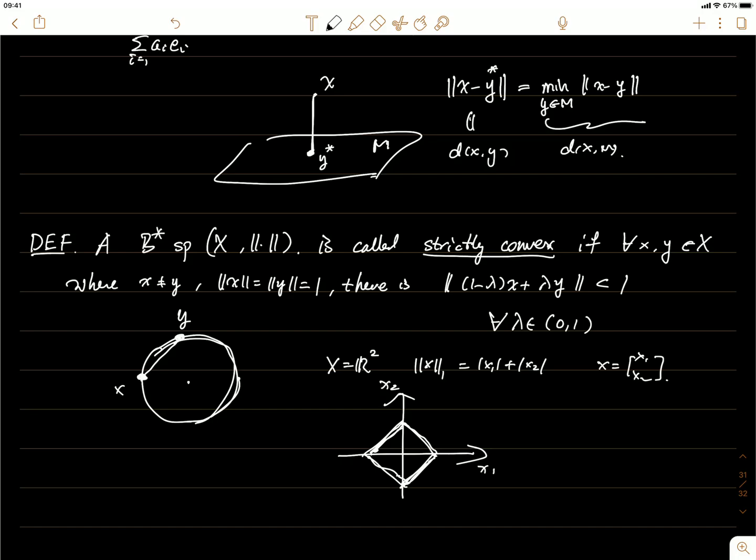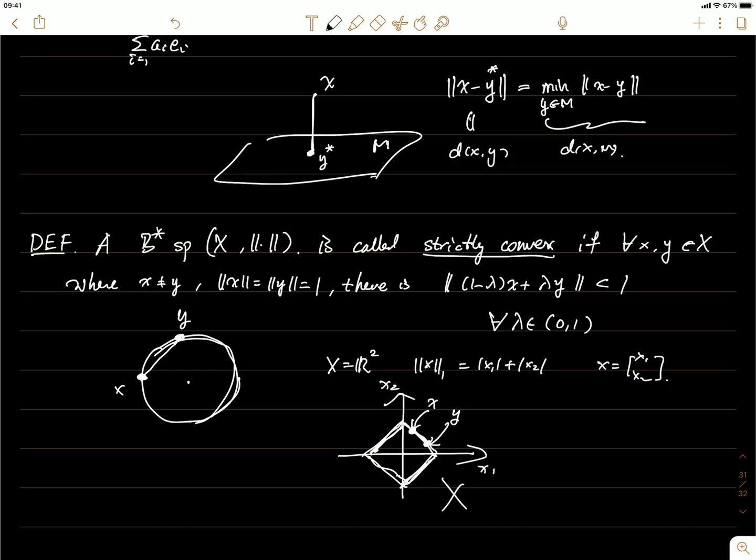So if I pick any two points, like here, and also here, this is my x, this is my y, and I make a connection between them, you can see they're still on the boundary. Their norms are still equal to 1 for any points on the line segment. So in this case, this is not a strictly convex set.